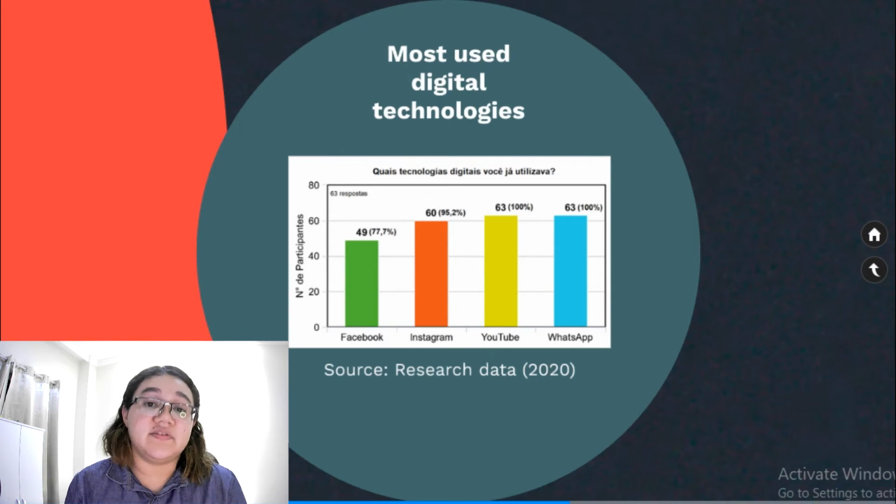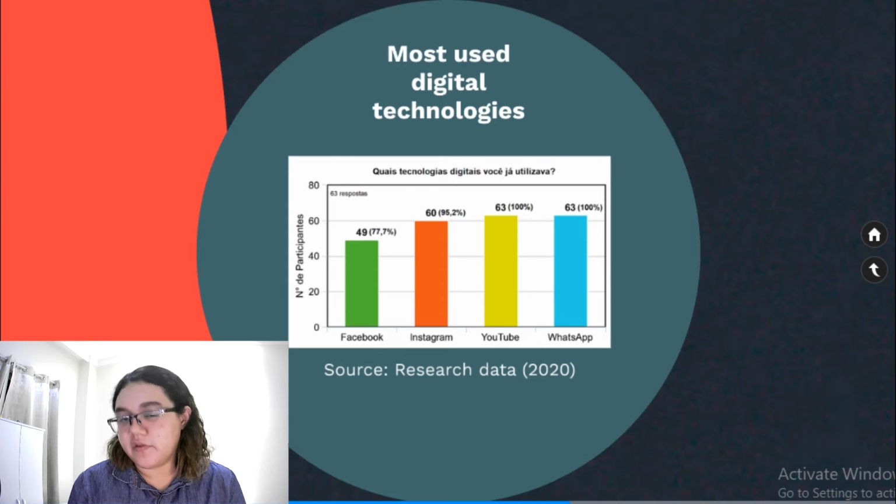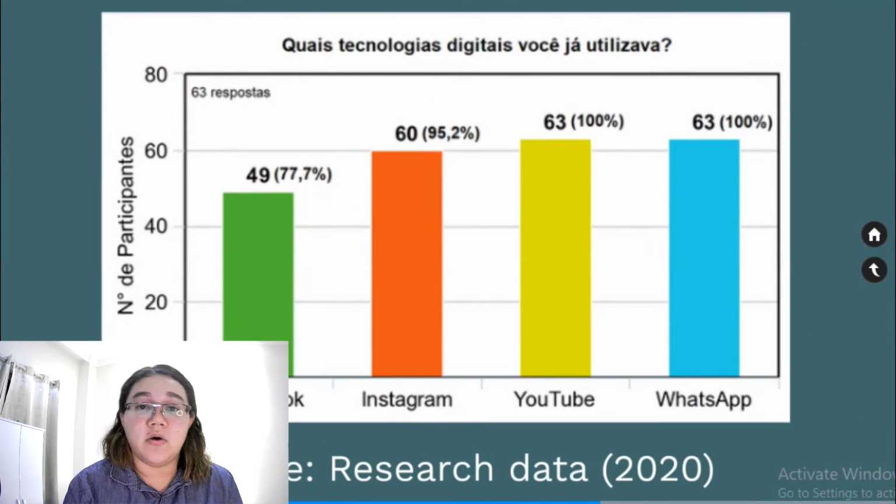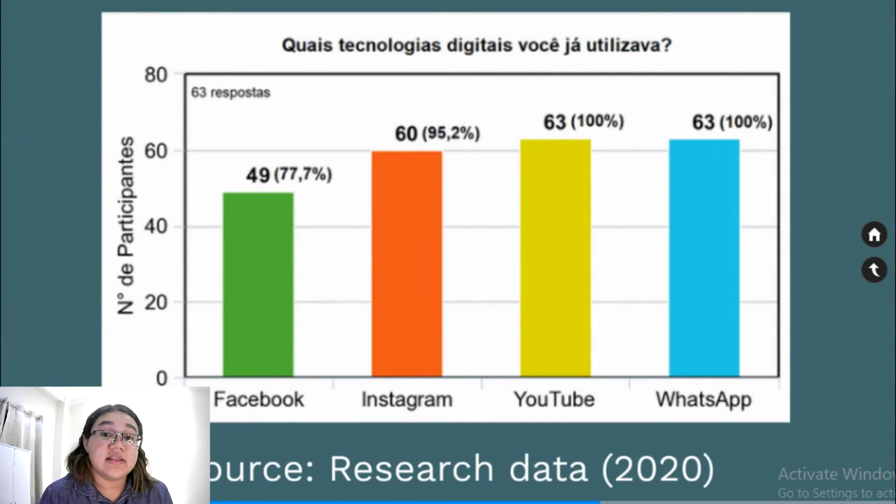We presented students with different options that they could choose from. They could choose more than one option. The ones that we brought to this chart are the ones that most students use, and we can see that 100% of the participants stated that they used YouTube.